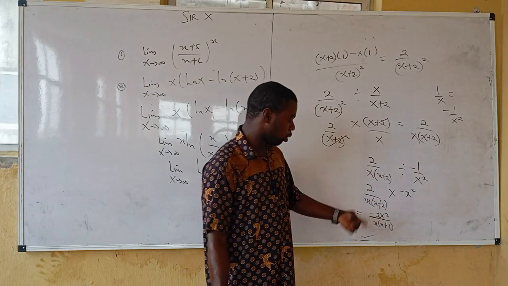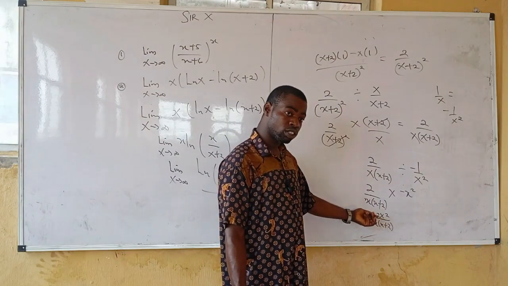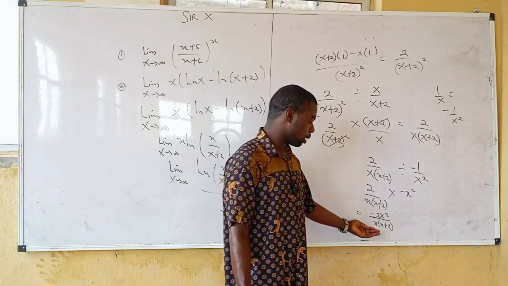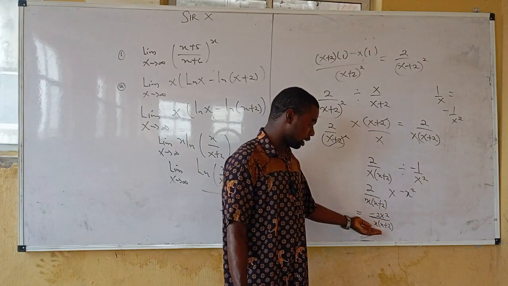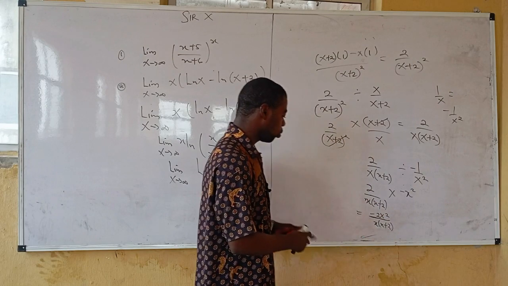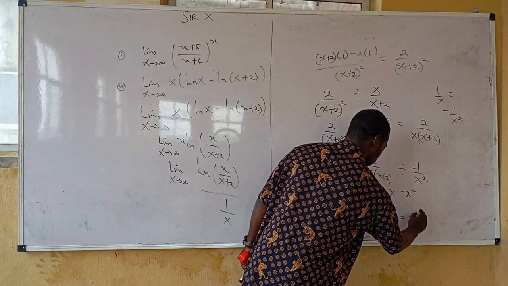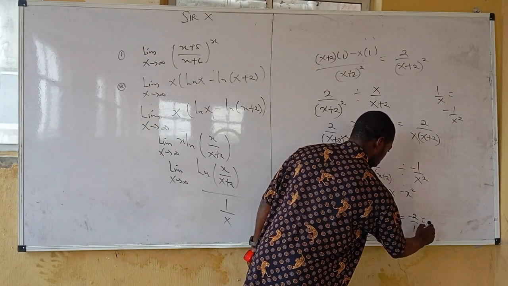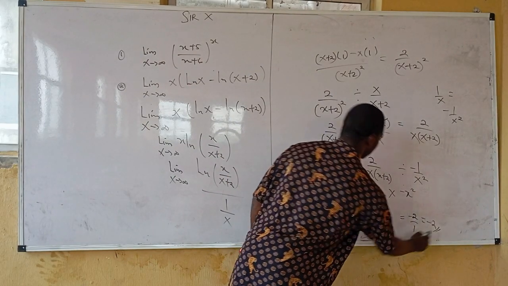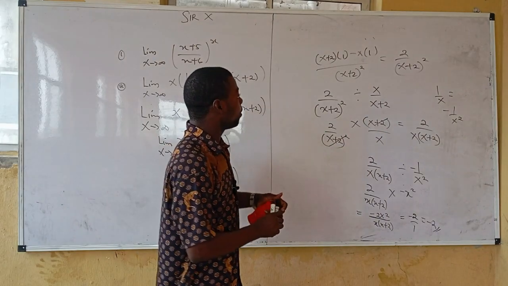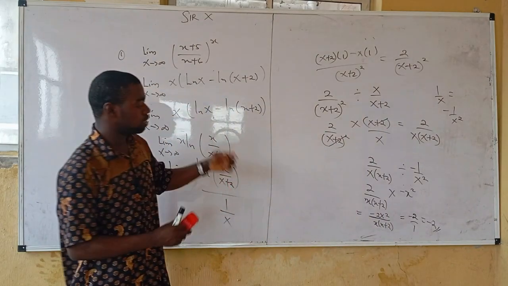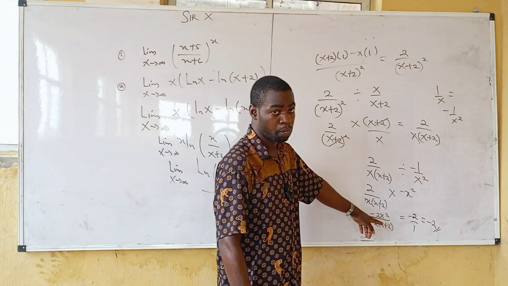The coefficient of the numerator is minus 2, and the coefficient of the denominator is 1. So minus 2 over 1 is equal to minus 2. Therefore, the evaluation of the limit is equal to minus 2.